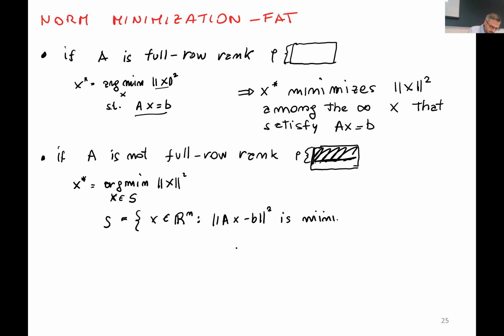So we try to do the best that we can to solve the problem. It's not possible to minimize this to zero, as in this case.